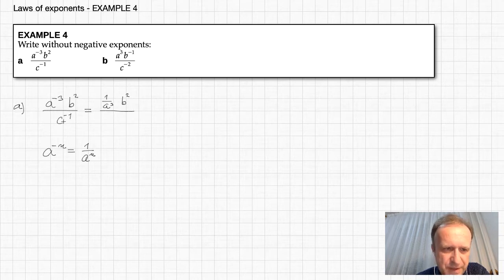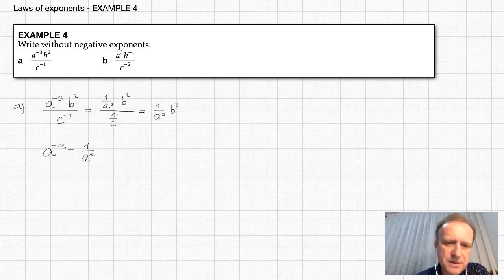Well, actually the base c corresponds to the base a in this law, and negative 1 corresponds to negative n. So it should be just 1 over c. Okay? Now, if you have to divide this numerator by this denominator, it's the same as multiplying the numerator, 1 over a to the power of 3 times b to the power of 2, by the reciprocal of the denominator.